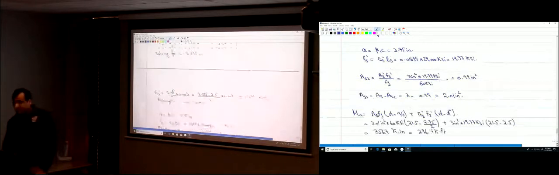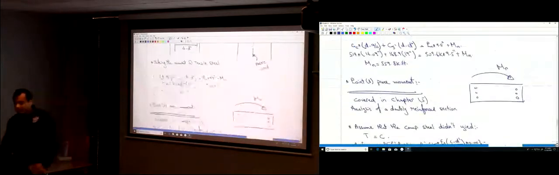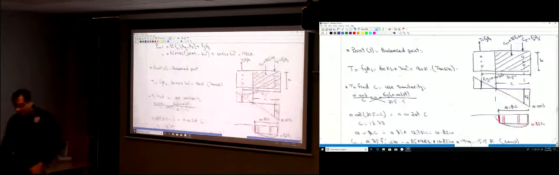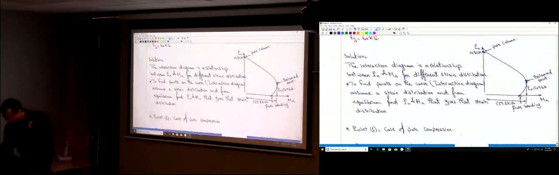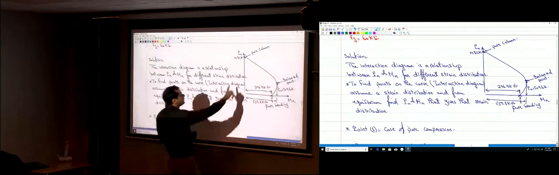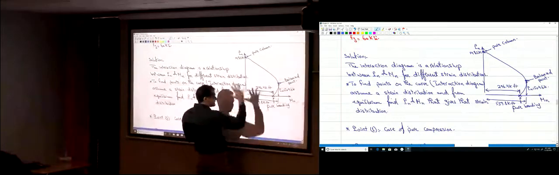So as you see here, it's the same section, but it can resist different combinations of compression force and axial force, okay? This point over here, this distance is 296.4 kips feet. So those are 3 points, okay? This is the capacity of that same section.